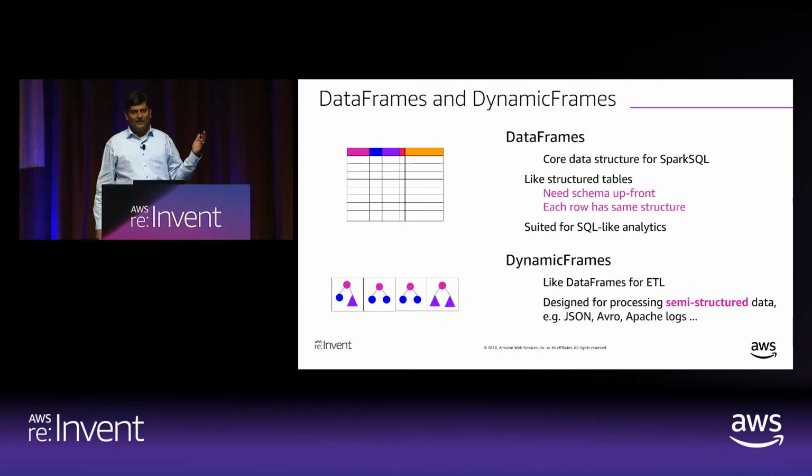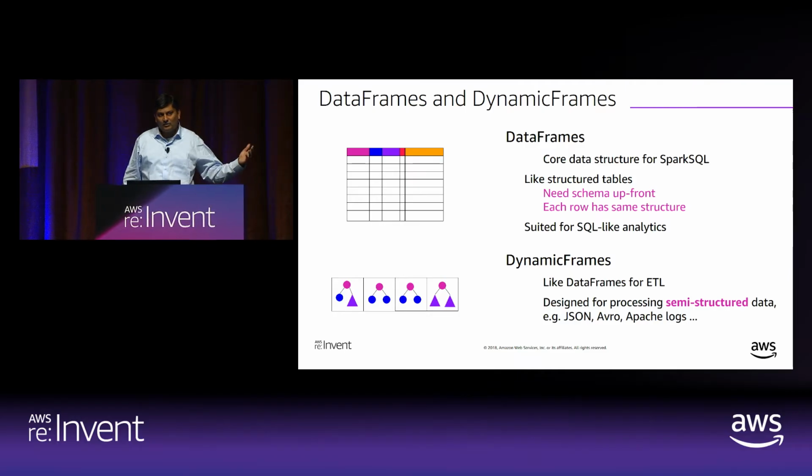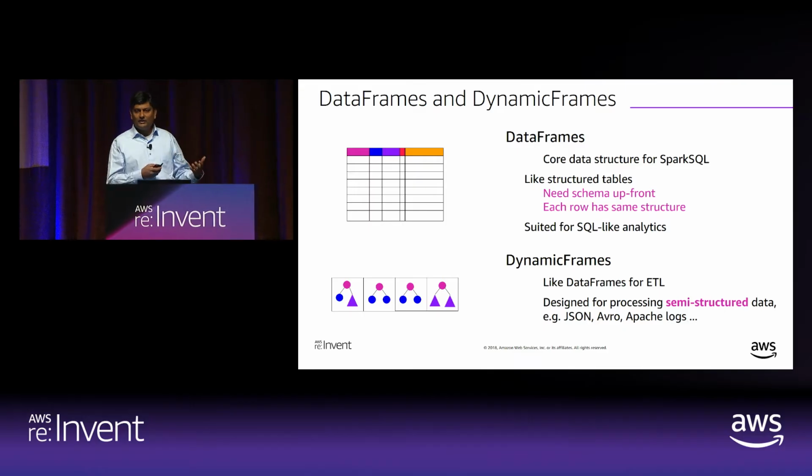There's no need to have a schema up front. There's no need to do a pass over the data to compute the schema before you put it all in. You simply start sucking in the data and start running operations over it. And that's why it's useful for ETL. It's going to go slower for SQL, a lot slower, but that's not what it's intended for. And these things are not competing with one another. They actually go hand in hand. They're complementary. You can take a dynamic frame and turn it into a data frame, and vice versa.